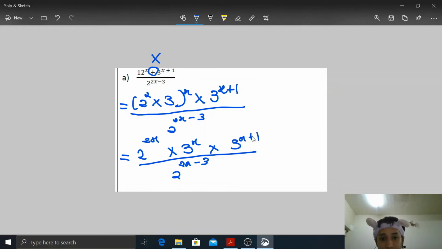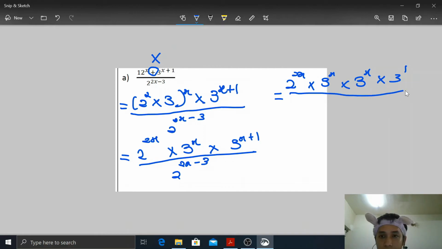So the next thing we need to factorize is this one. So remember the law of indices, since this one is plus, meaning that I can change this and this into something like this. So this one will be 2x times 3x times 3, this is x plus 1. So in other words, I reverse the law of indices. This one will become 3x multiply 3 to 1. Okay, and then actually don't need to do this.